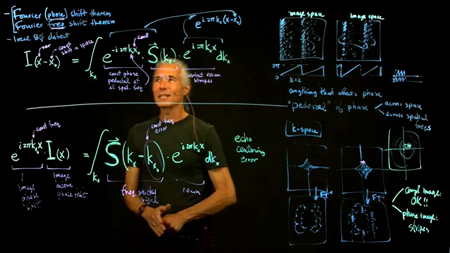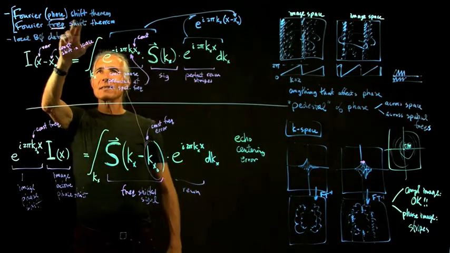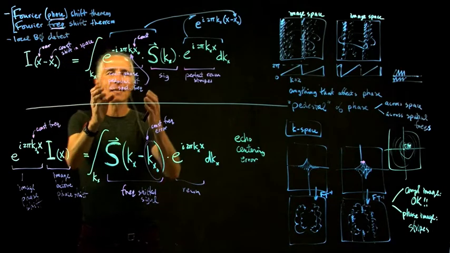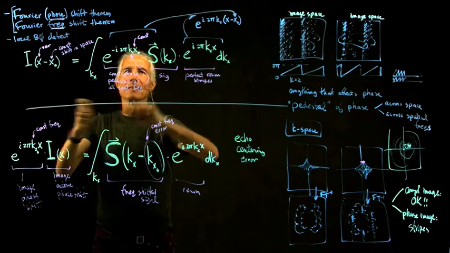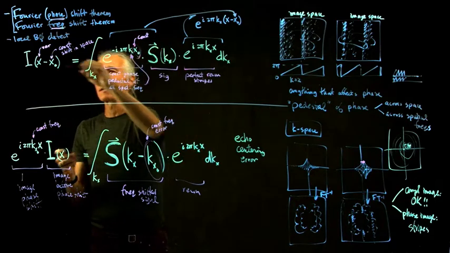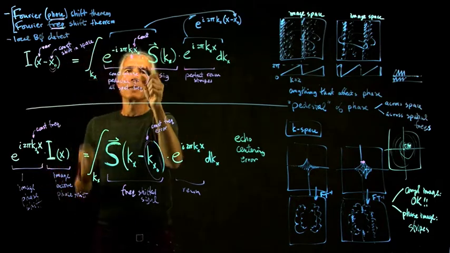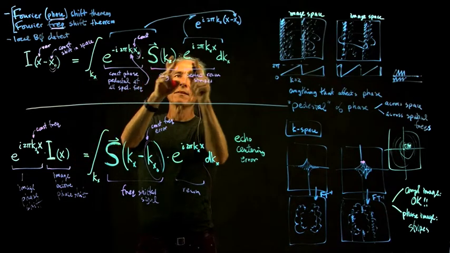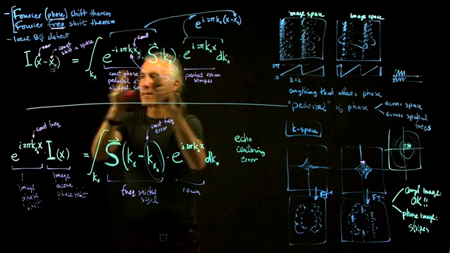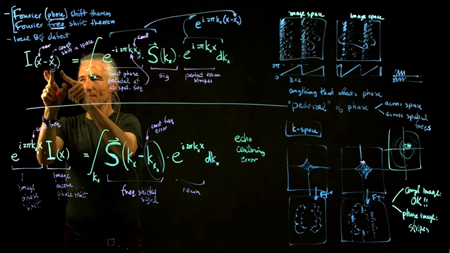Okay, so that's the Fourier phase shift theorem, which says that if we add a pedestal of phase, a constant amount of phase, to our signal and then reconstruct it, we end up with a spatial shift.